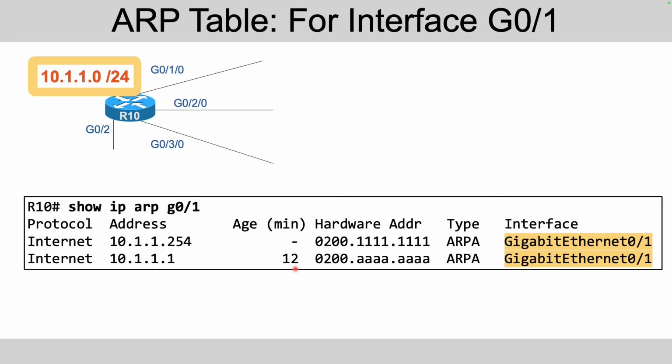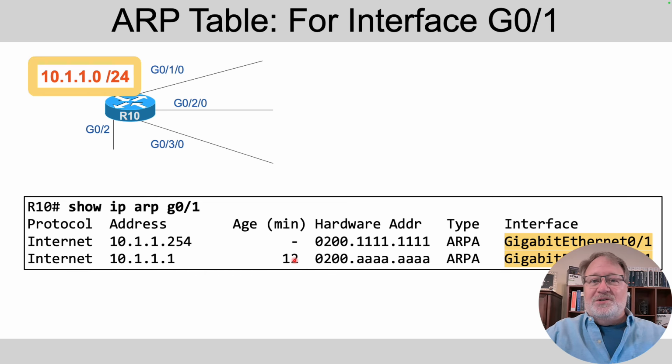And 12 minutes ago, the ARP process completed and the router learned that IP address and matching MAC address. Over time, this number will continue to grow until the ARP process repeats. So this ARP entry could be used thousands of times, and this number does not reset, it keeps growing. But before the default 4 hours timeout completes, the router can do things to refresh the entry so it never times out.